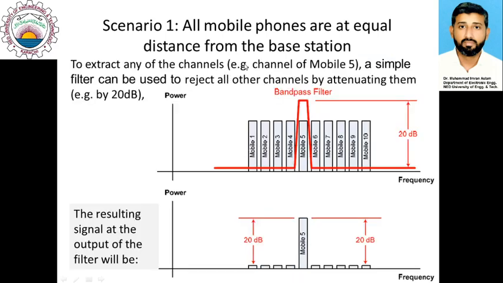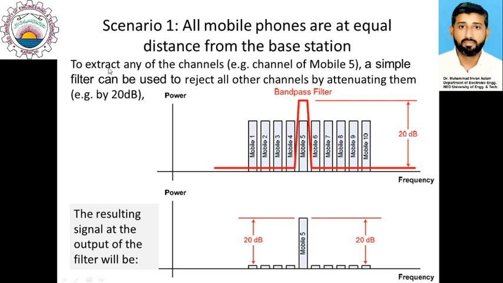If we are interested in extracting the signal from, say for example, mobile number 5, in that case we need to use a band pass filter. We set the band pass filter in such a way that whatever frequency mobile 5 is allocated is passed through that band pass filter, and all other frequencies are suppressed by around, say for example, 20 dB or higher.